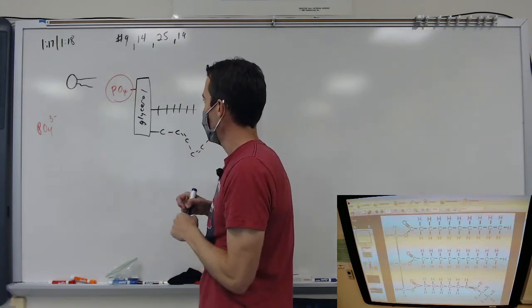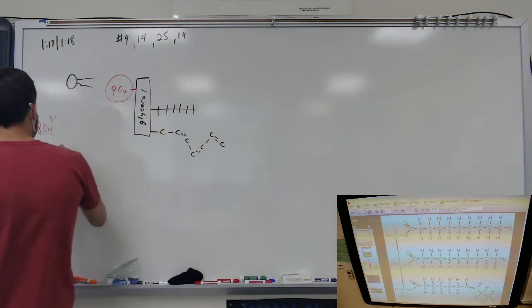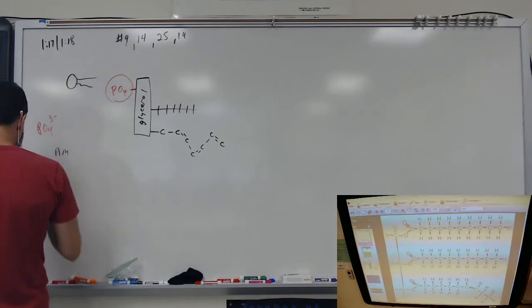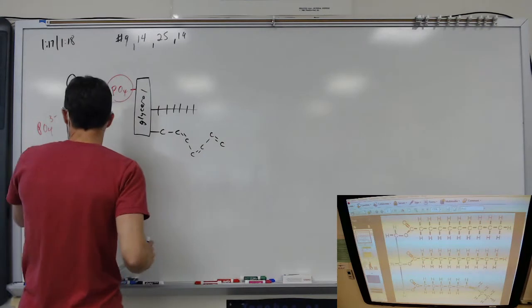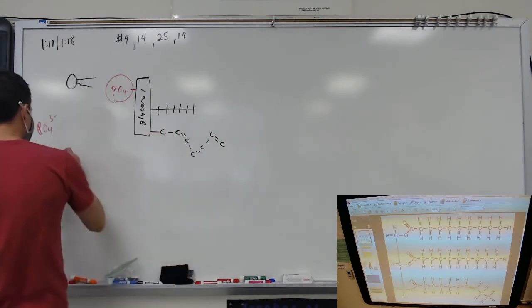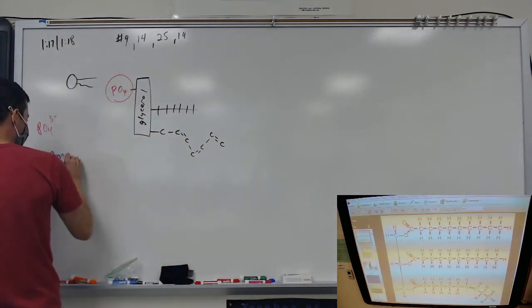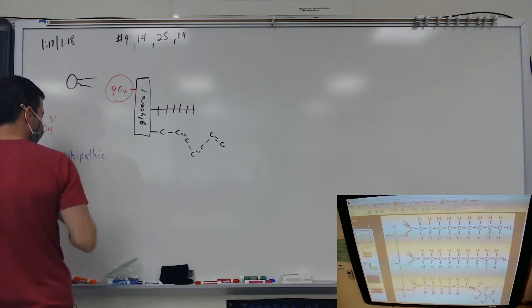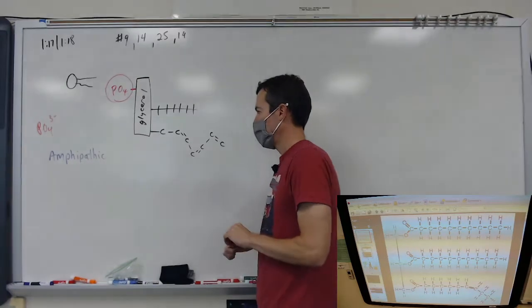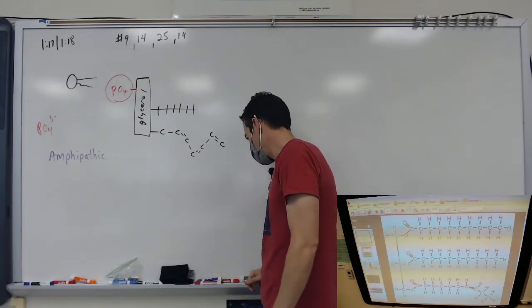And so they actually have a word for that. Bipolar. That makes sense, but that is very different. But it does make sense, like the name bipolar would work. They call it amphipathic. That word is written in your notes somewhere.